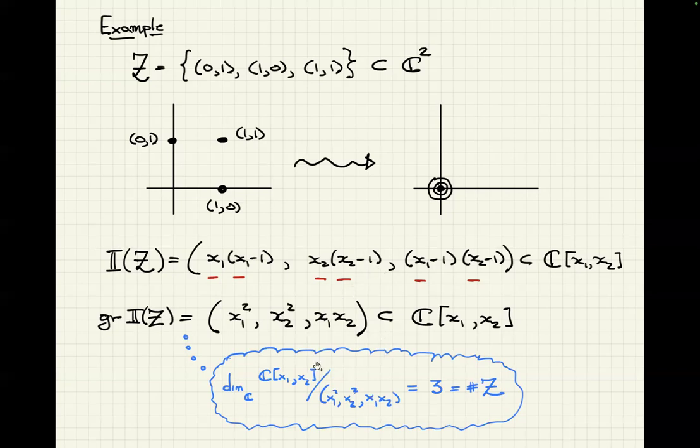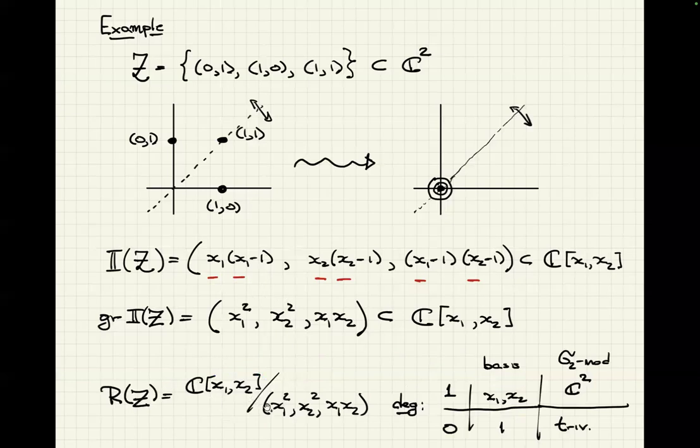But in this case, the quotient of my polynomial ring in two variables by these three polynomials is a three-dimensional vector space. 3 is the number of points, and therefore I did actually fill out my associated graded. This can also be done computationally. If you start with a Gröbner basis of I of Z with respect to a graded term order, then the highest degree components will always be enough to generate the associated graded ideal.